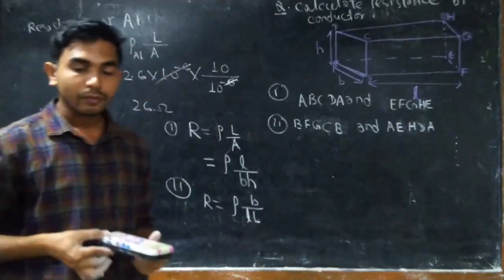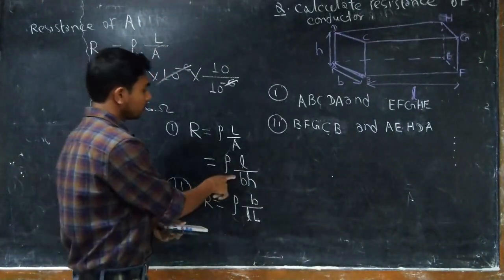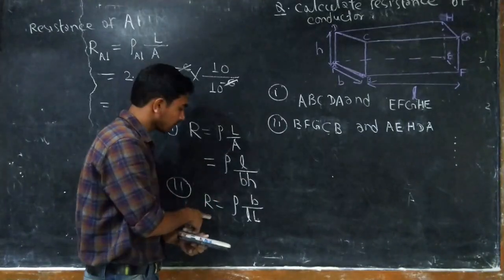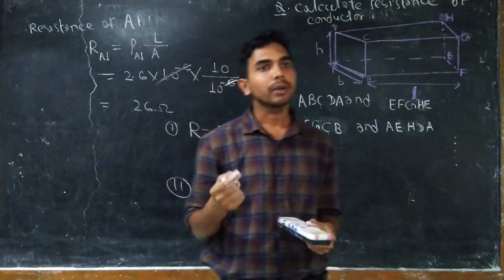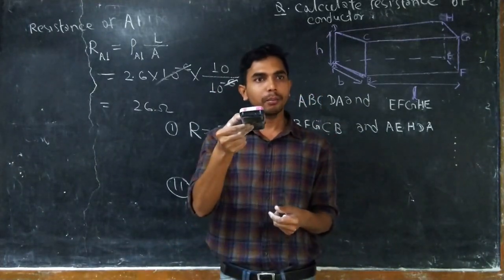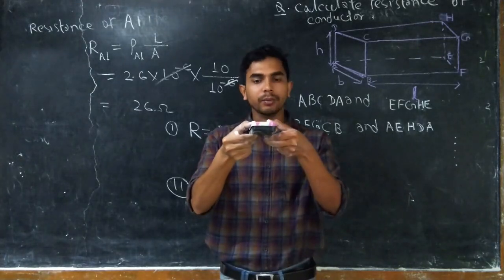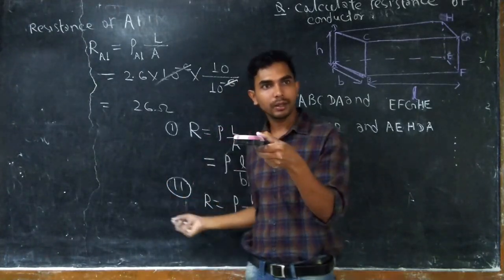So from this example, you see this one resistance is something else, and this resistance is something else. So from this example, we are able to say that for the same conductor, if the direction of flow of current is different, then the resistance will be different.